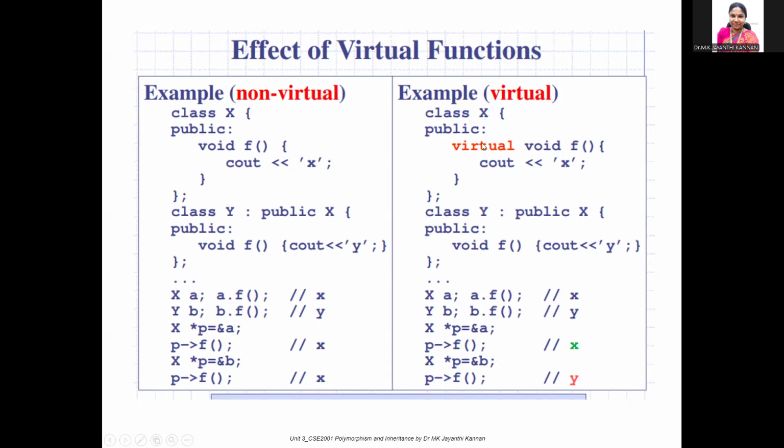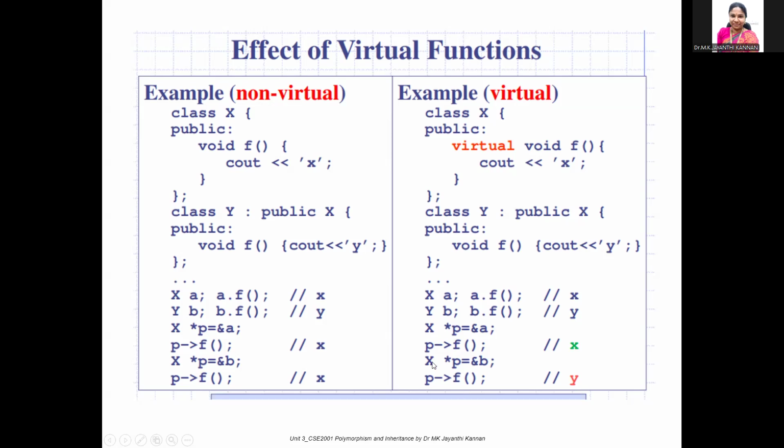But if you use the virtual keyword in front of the function, making the function in the base class virtual by adding the extra keyword virtual, then depending upon the object, the respective function will be executed. It will act as a virtual function. And when we execute through the pointers, here *p equal to address of a, p->f means the object a belongs to X, so it will display x.